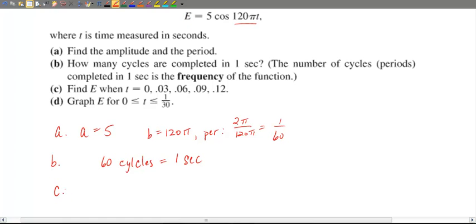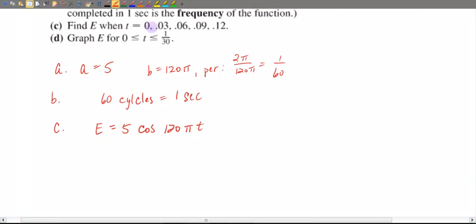So this is really just substitution into a table. So we're going to do that. If I know that the function looks like 5 cosine 120 pi t, I'm going to substitute in these values for t and e.